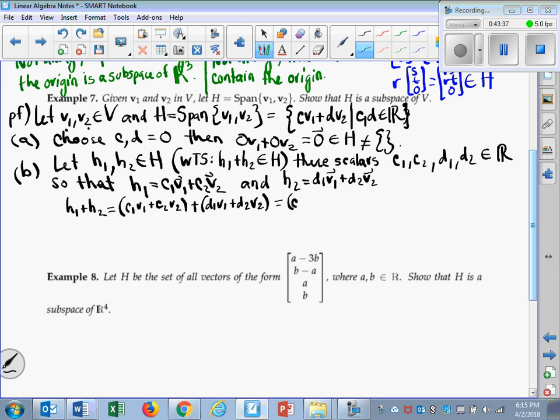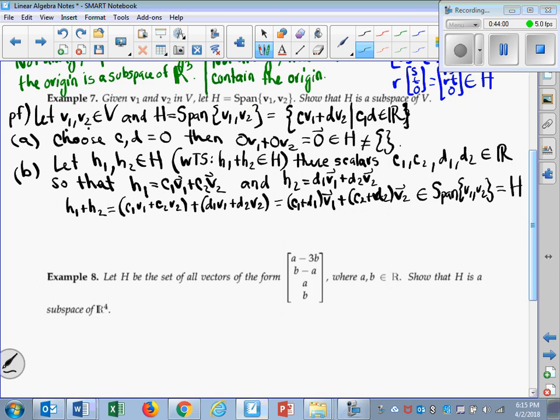So the new coefficient of V1 is C1 plus D1, V1, plus C2 plus D2, V2. And notice that this is still in the span of V1 and V2, which is the same thing as H.